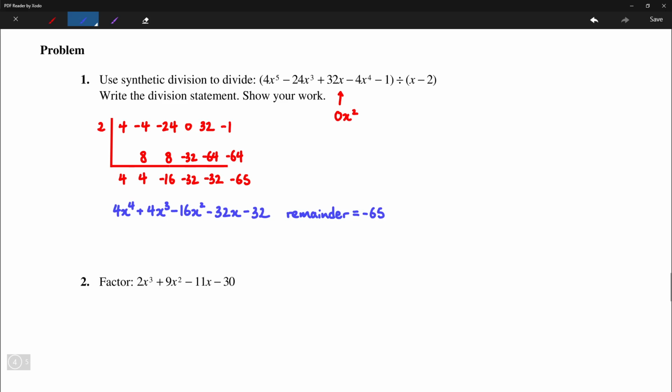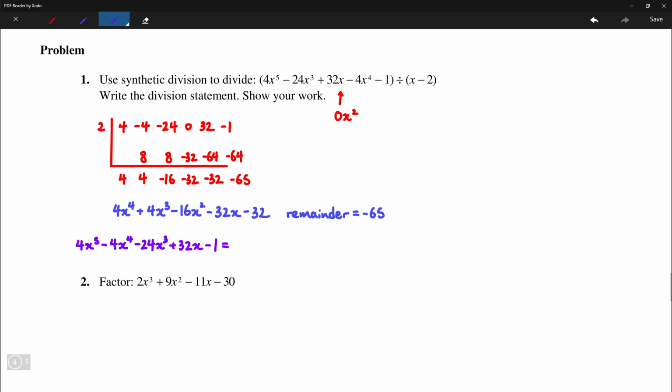So the question specifically asks for a division statement. So the division statement will be written as first the dividend. So we have the dividend from the original question here. I'm going to rearrange the terms in descending order. So 24x cubed, and then 32x minus 1.